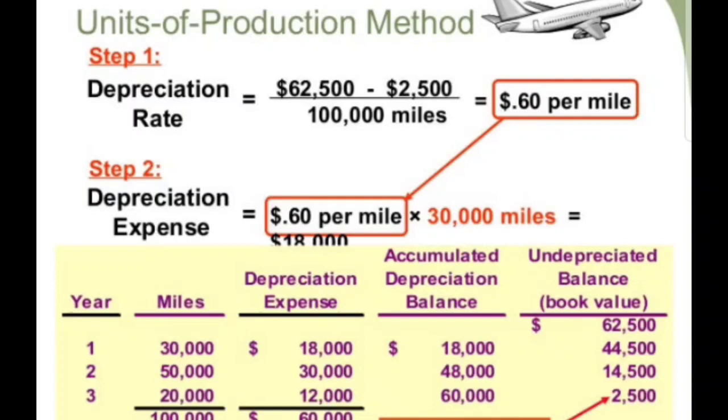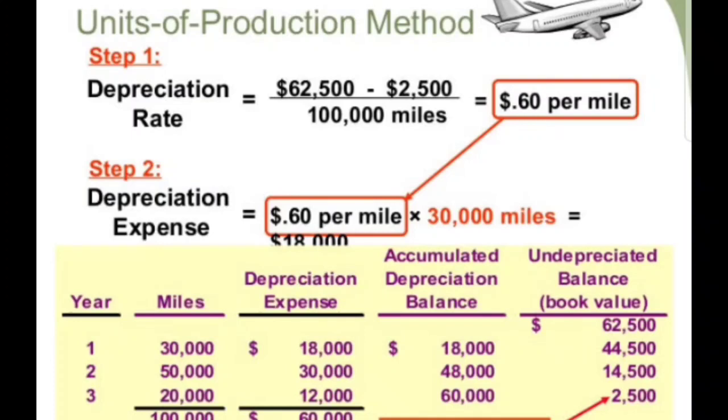Now let's have a look in the column of book value. In the first year, the book value remains the same because the asset is not depreciated. Then, at the end of the first year, asset cost minus accumulated depreciation: 62,500 minus 18,000, the book value shall be 44,500.